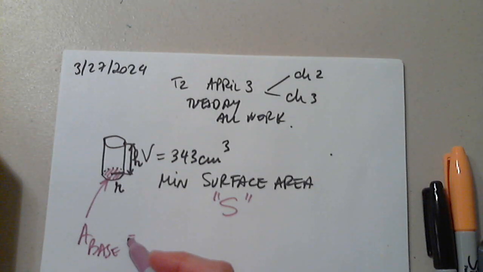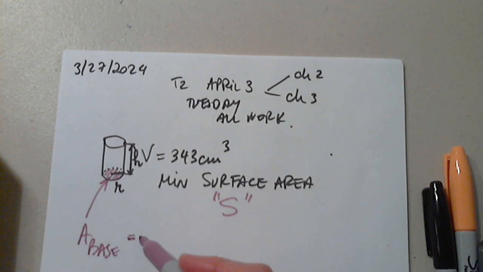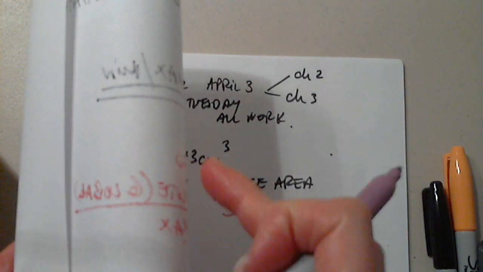Anyone, please? The area of a circle. Okay, so that is pi r squared. Perfect. So now I have to add all around.